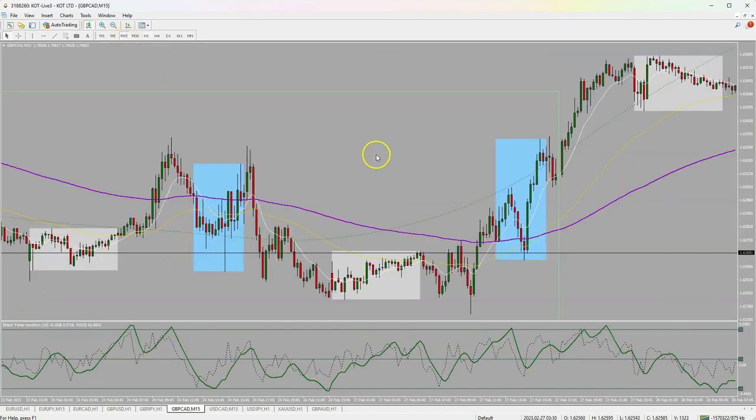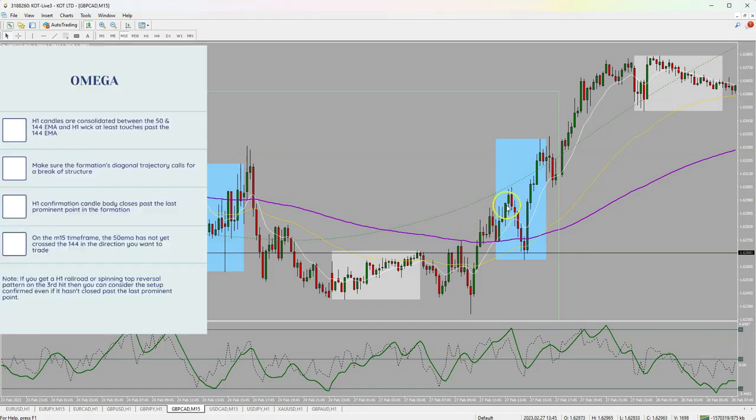Okay, so now we're on the 15-minute time frame. When we got that break of structure, by the way, we were probably up in here somewhere at the end of London session. So at this point, we want to make sure that on the 15-minute time frame, the 50 EMA has not yet crossed over the 144 in the direction you want to trade.